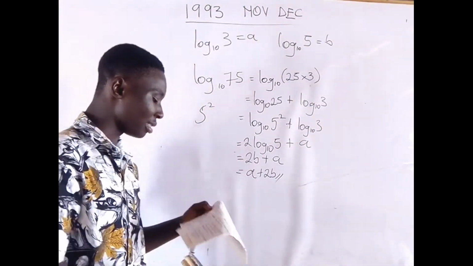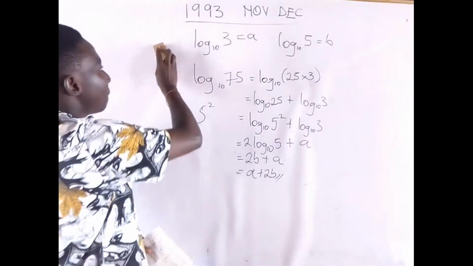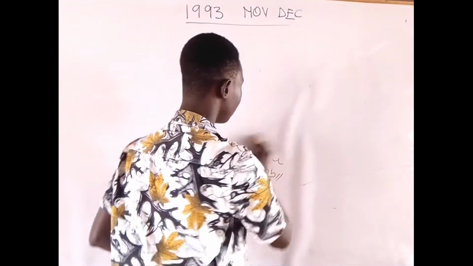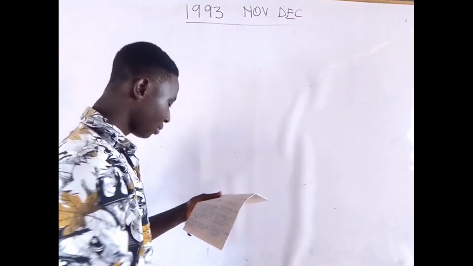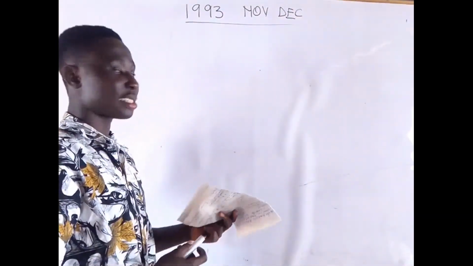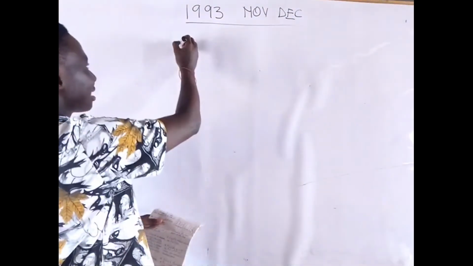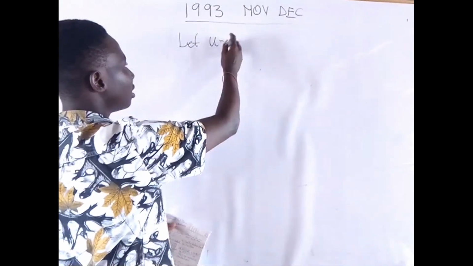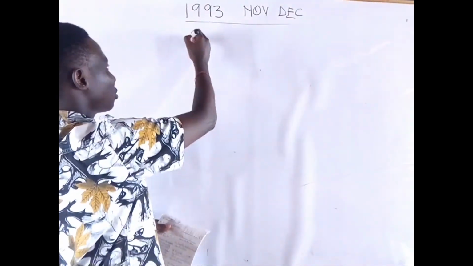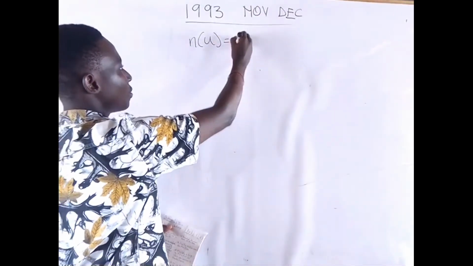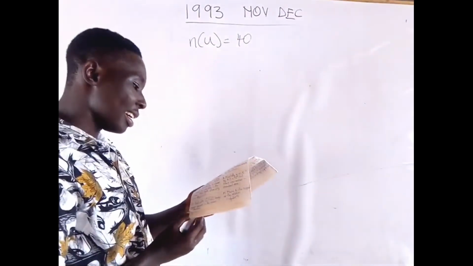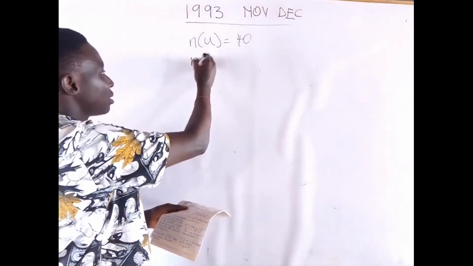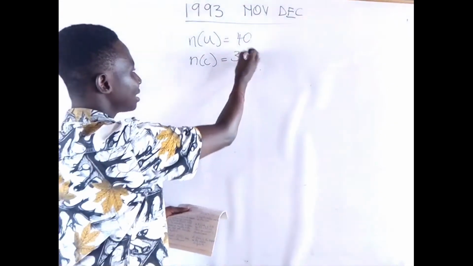Let's move on to question number 14. In a class of 40 students, so let's let the number of students be 40. And then 30 of them read chemistry. So let's represent C with chemistry. 30 read chemistry.